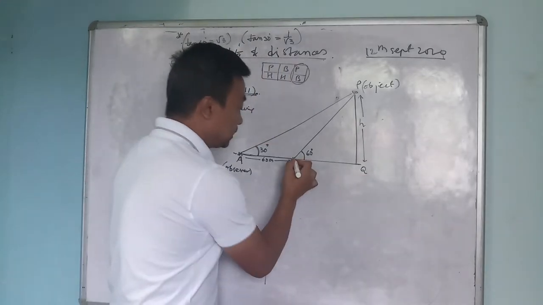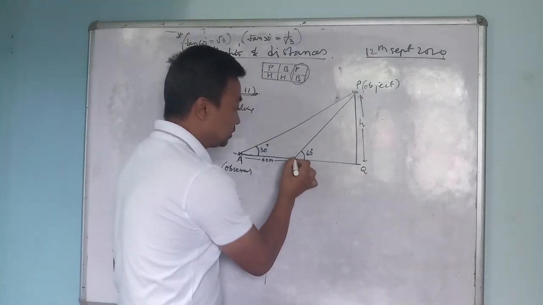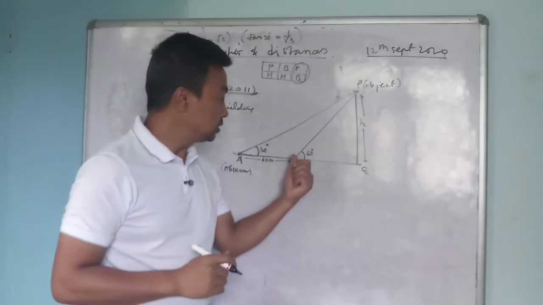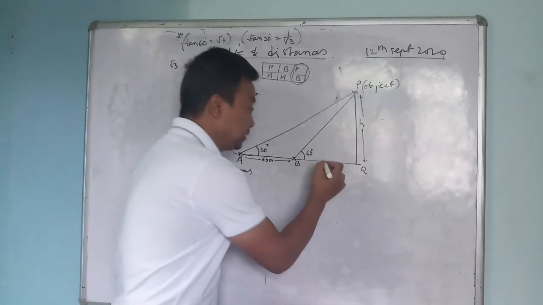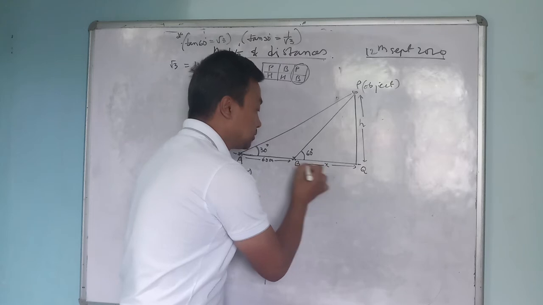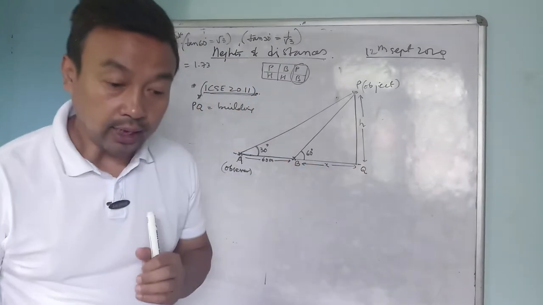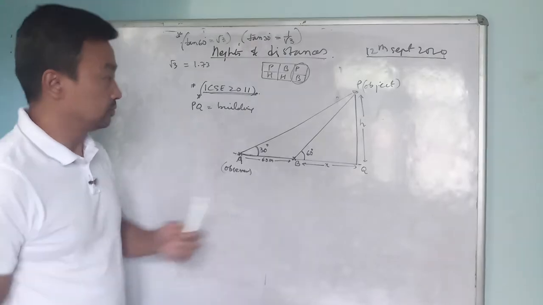Let the distance from the second position of the man to the base of the building be x. Now you have to find the height of the building.